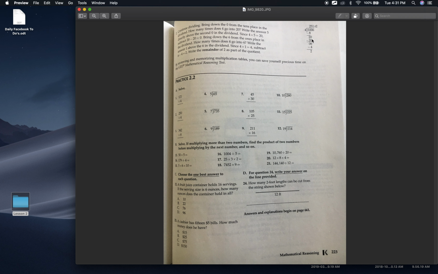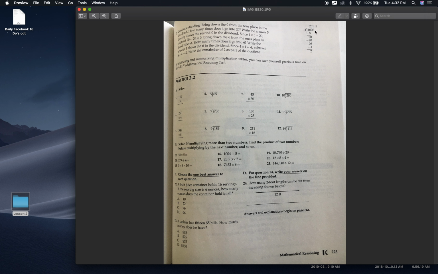Remember, we used the 0 to bring down here. 5 times 4 is 20. Okay, so we write 20 here. Now subtract 20 from 20. So 0. 20 minus 20 is 0. So you can see they put the 0 here.